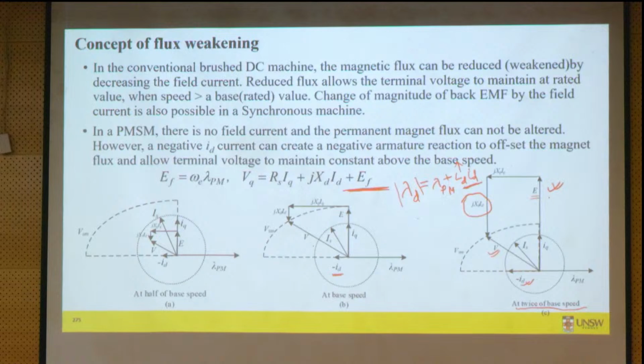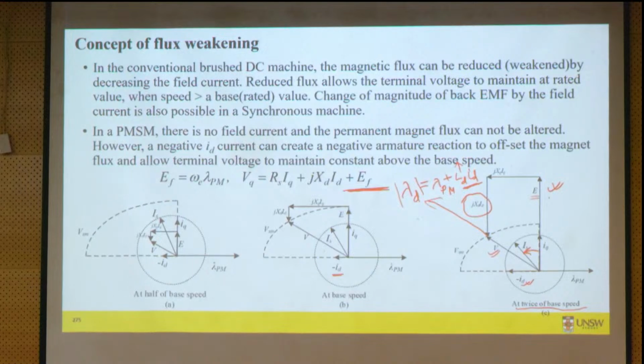If we would have kept the ID the same as here, this voltage would have been much larger. It would not have been coming to the limit. So in flux weakening, we need to increase the negative current, and increase of negative current also means that we are increasing this current angle gamma.